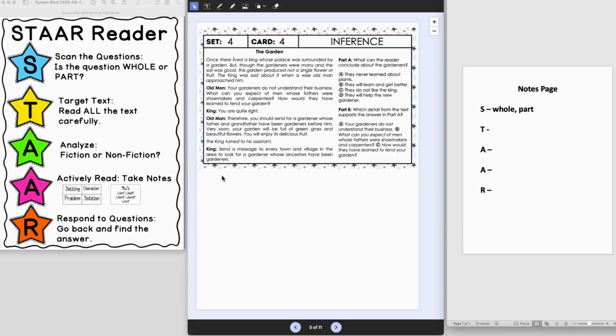The garden. Once there lived a king whose palace was surrounded by a garden. But though the gardeners were many and the soil was good, this garden produced not a single flower or fruit. The king was sad about it when a wise old man approached him. Old man, your gardeners do not understand their business. What can you expect of men whose fathers were shoemakers and carpenters?